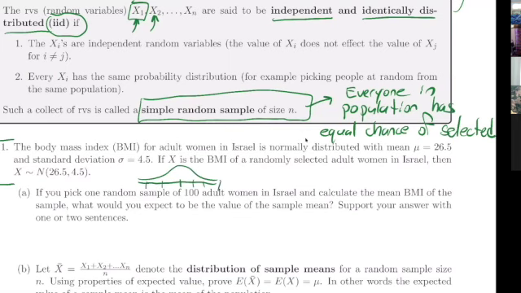And we've worked with how we can calculate probabilities from a normal distribution like this. Now let's think about what happens if we pick randomly 100 women out of this population. Maybe we pick one woman and her BMI is 26, and then we pick a second and it's 30, and then we pick a third and it's 25, and so on.